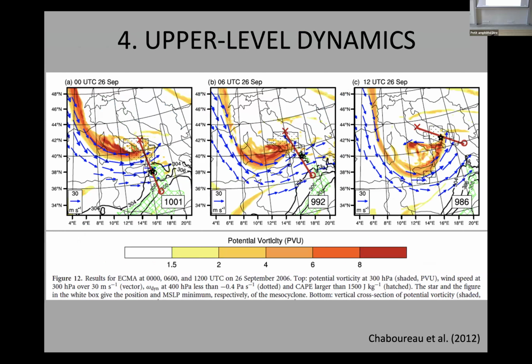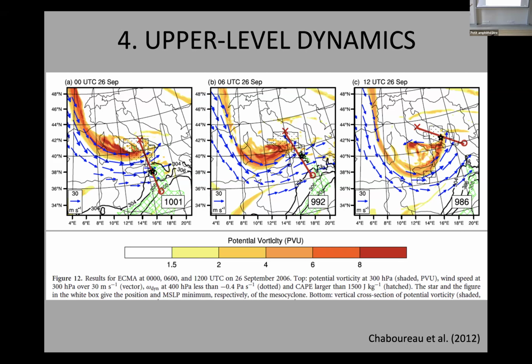The last point I would like to discuss is the important role of upper level dynamics. This is again the case of 2006. The color here refers to potential vorticity. The position of the cyclone is represented by the star that you see progressively move northward from left to right with time.